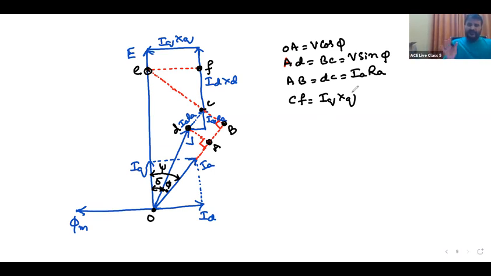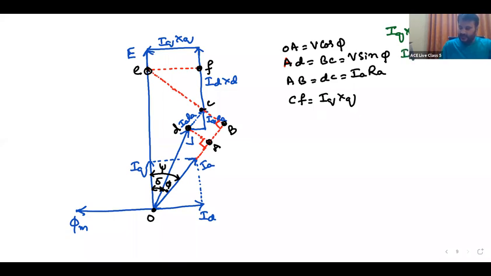See, dear students, stop writing. Listen. I_q X_q is equal to, first of all, what is I_q? I can write I_q is equal to I_a cos psi. I_q X_q is equal to I_a X_q cos psi. This is the important thing.